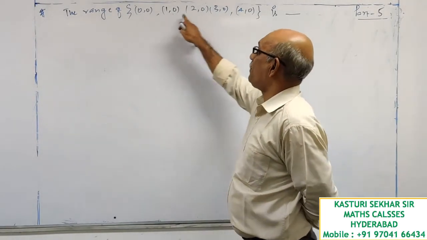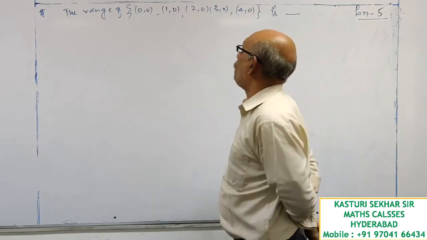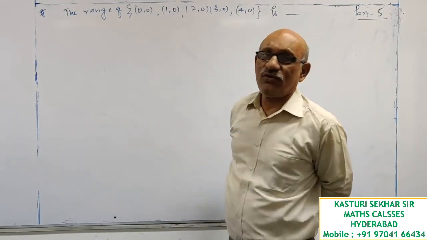It is given as ordered pairs 0,0; 1,0; 2,0; 3,0; 4,0.